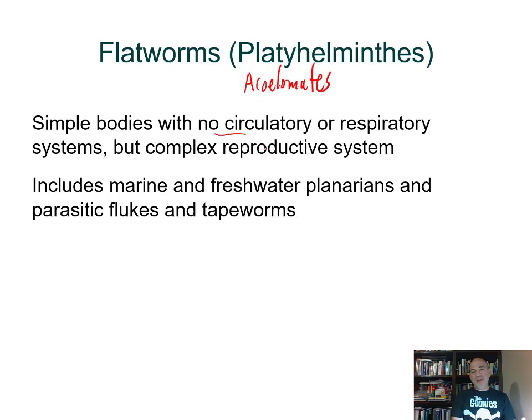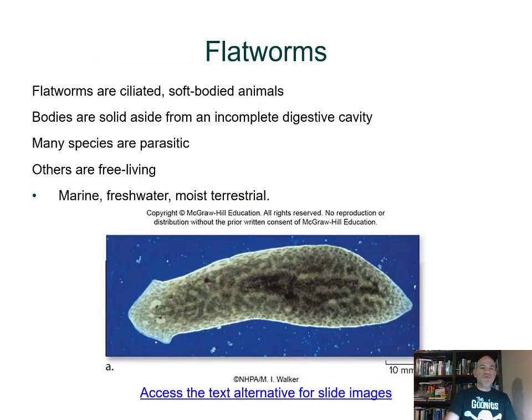They don't have a body cavity, no respiratory system, but they do have a complex reproductive system. And the Platyhelminthes include marine, saltwater, and freshwater planarians, and then our parasites, which include the flukes and the tapeworms. And so, continuing with some of the basics of the flatworms, they may have cilia and muscle as well to help them move.